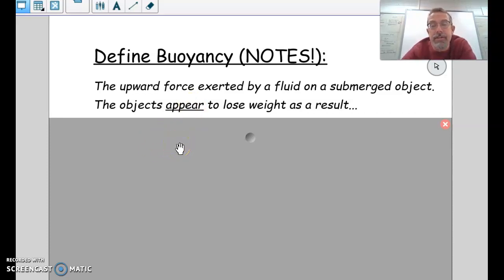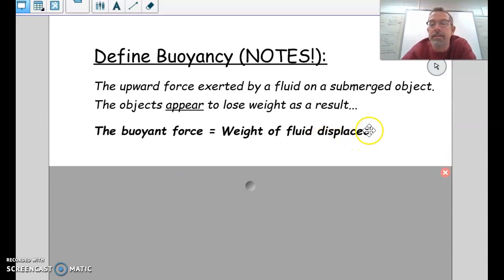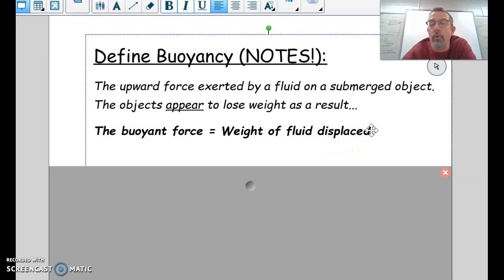Now, in this case, the buoyant force equals the weight of the fluid displaced. And that, in a nutshell, is Archimedes' principle in bold, if you want to label that as such. The buoyant force upward equals the weight of the fluid displaced.